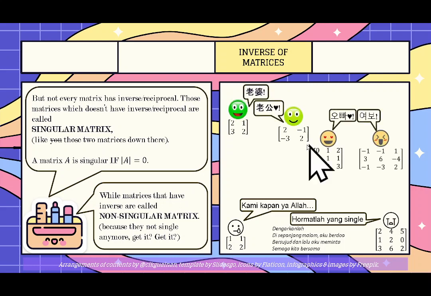We have two examples over here. These two are non-singular matrices, because if you multiply these two matrices together, you will get identity. Same goes to this one. If you multiply this one by this one, you will get identity.